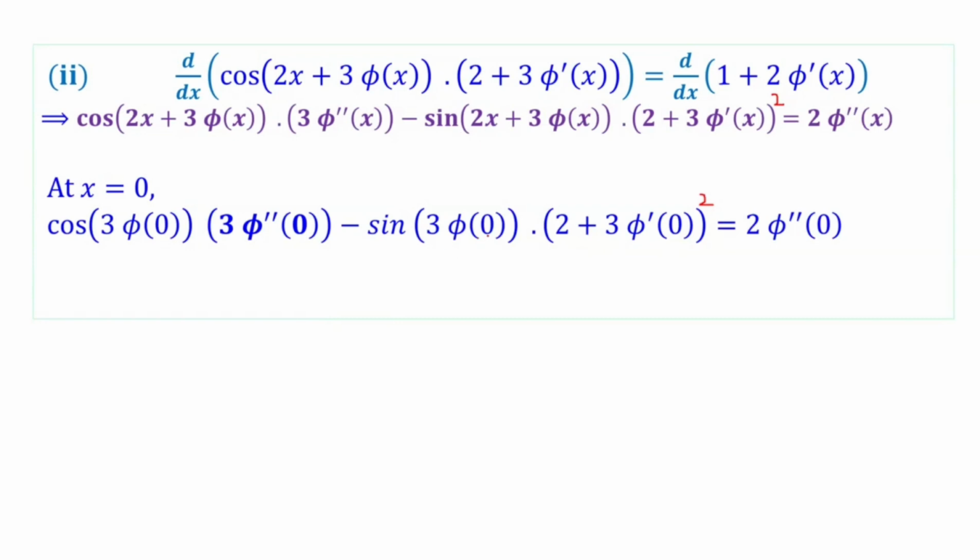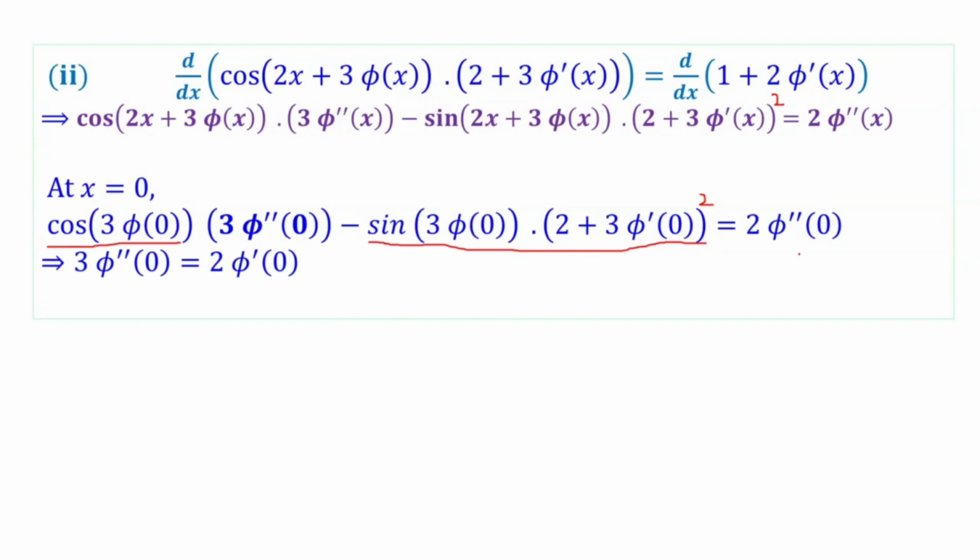But since phi(0) is 0, sin 0 is 0, so this whole term becomes 0. Here phi''(0) is what we have to calculate. And cos(3 phi(0)) is again cos 0, which is 1. So we have 3 phi''(0) equal to phi''(0).